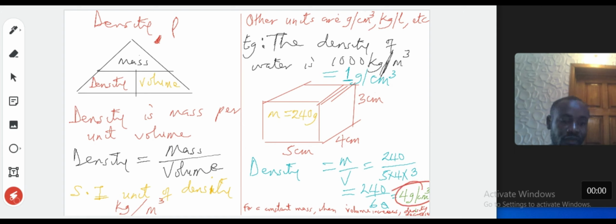It should be 4 grams per centimeter cube, because the mass is in grams and the dimensions are in centimeters. You use the units that are given in the measurement. Okay?